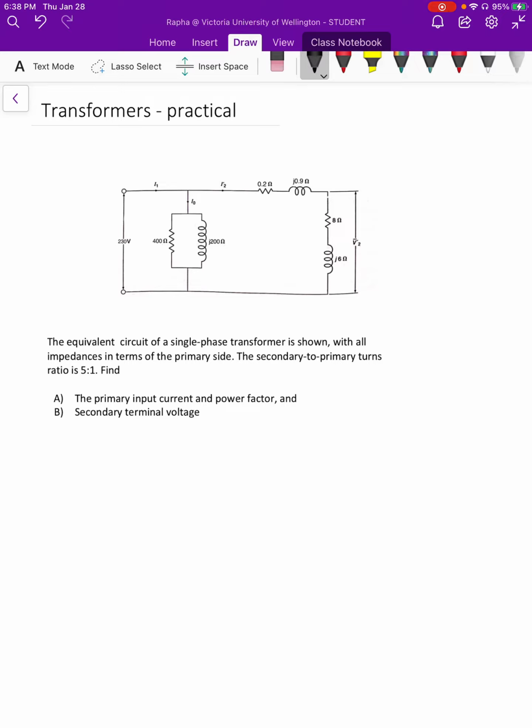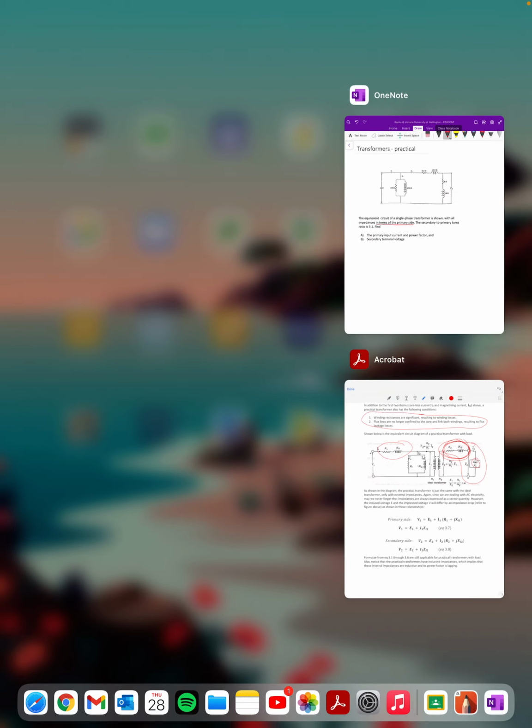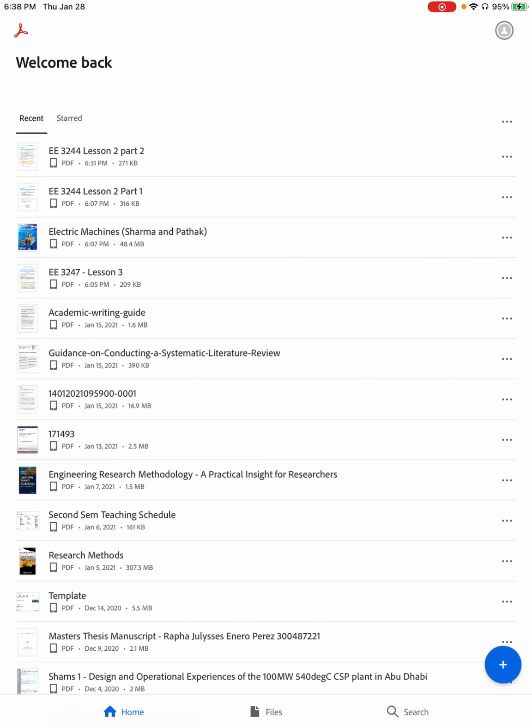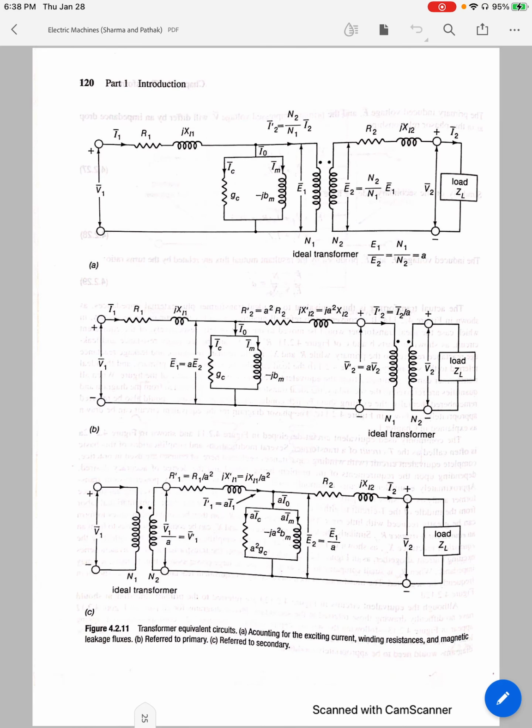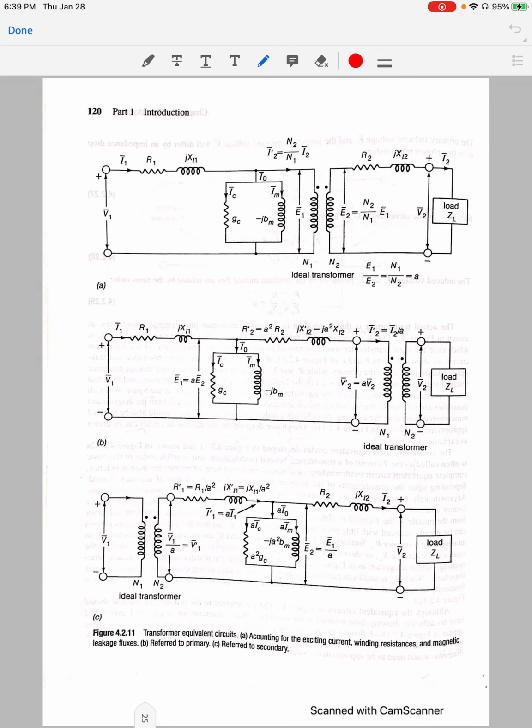So the diagram, as stated in the problem, is in terms of the primary side. Let's look at the textbook specifically for this. This is what the equivalent circuit looks like in terms of the primary side.